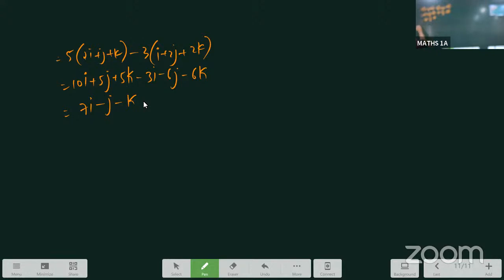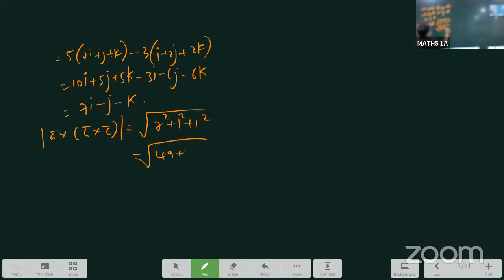Okay. Now what is it asking? A bar cross B bar. Now that is under root of 7 squared plus 1 squared plus 1 squared. That is 49 plus 1 plus 1. It is root 52. Is it clear?